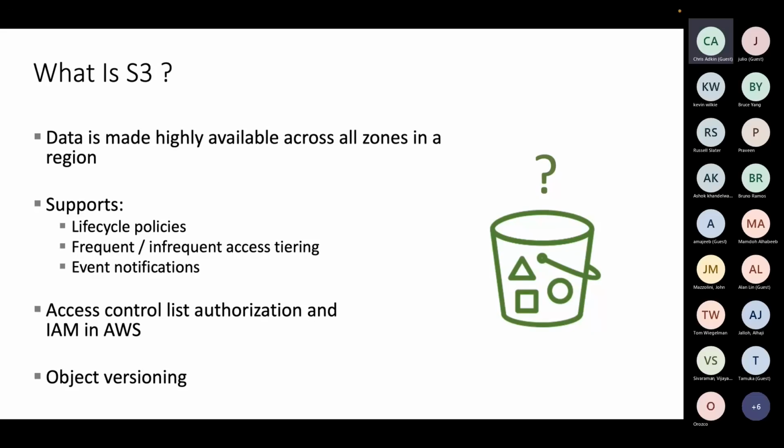So they're kind of similar to Azure functions. And then you have access control, which can be via IAM, Identity and Access Management, AWS, or Access Control List. And then finally, you have object versioning for all objects.